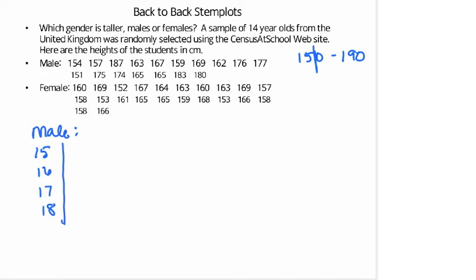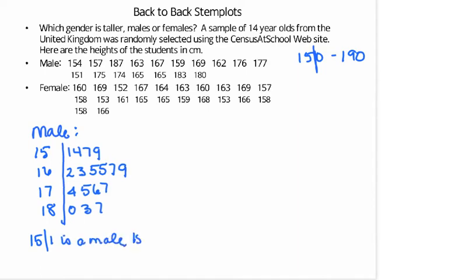My leaves would be 1, 4, 7, 9, 2, 3, 5, 5, 7, 9, 4, 5, 6, 7, and 0, 3, 7. Now I would write down my key: 15|1 is a male 151 centimeters tall.